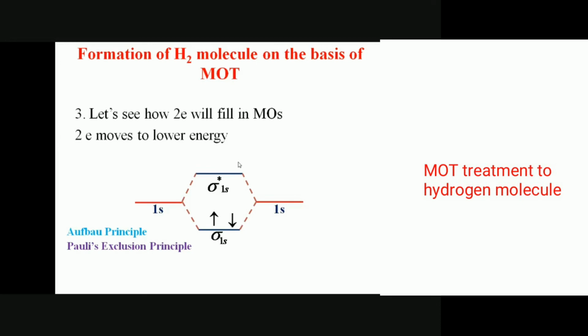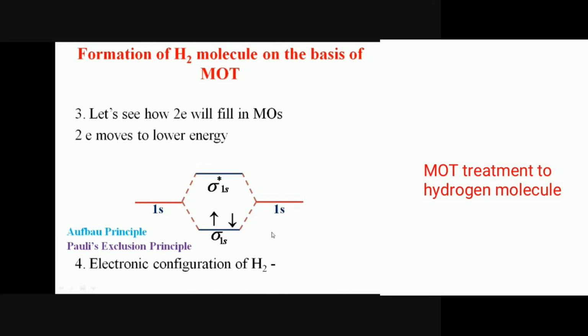So here we are following all the postulates. And when the molecular orbital forms, it will have some electronic configuration, like the atomic orbital has some electronic configuration, that is 1s1. Now how can the electronic configuration of H2 be determined? This is very simple.